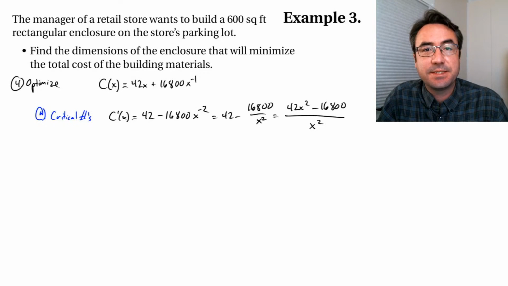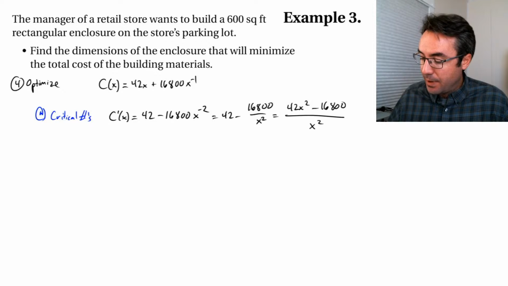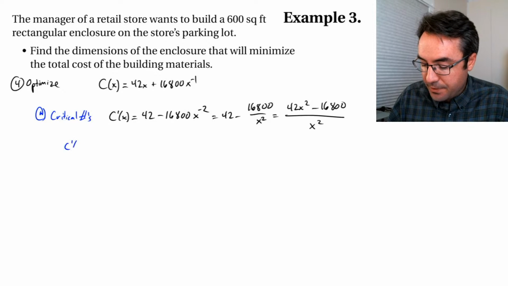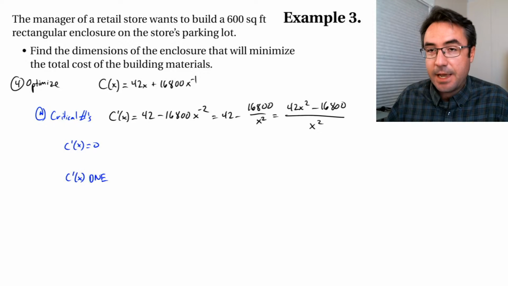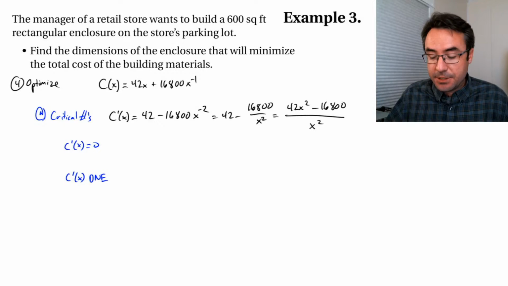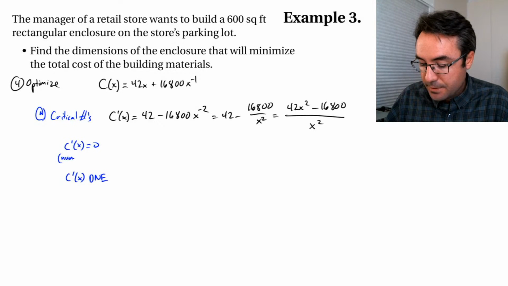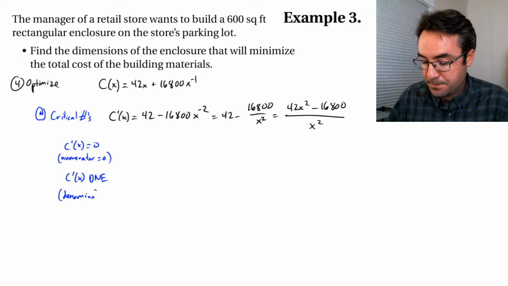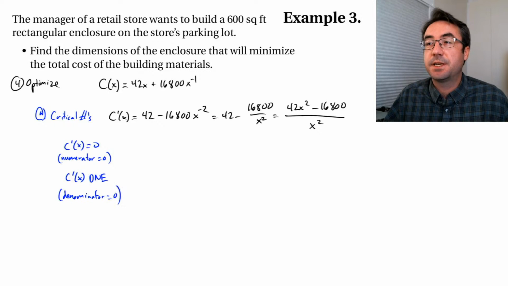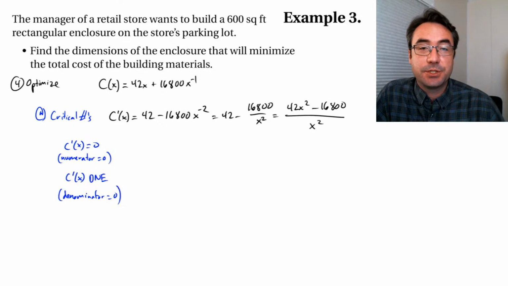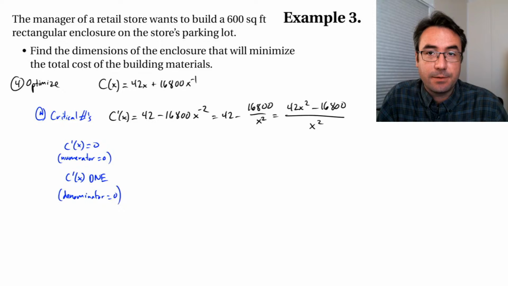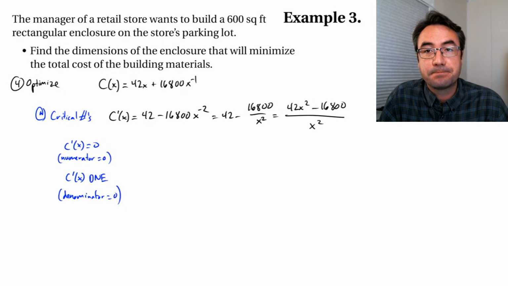So we've written it as a single fraction, and we want to figure out where our derivative is equal to 0, where it's undefined. And when we've written it as a single fraction, that's where our numerator is 0 and where our denominator is 0. Nice thing about getting it as a single fraction is we can just look at the numerator, look at the denominator, and that'll cover all cases.